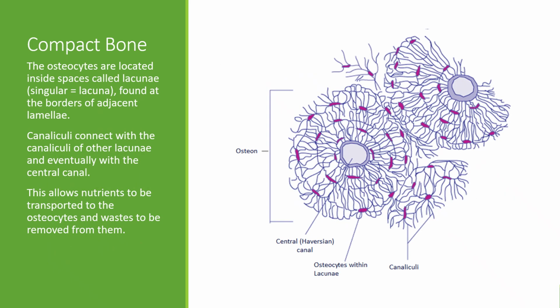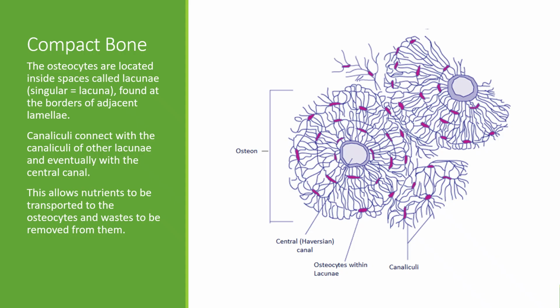So here's a close-up of our osteocytes and what they look like. We're looking at a cross-section of an osteon so that we can see what's happening with our cells. In the very middle, let me draw your attention to the central canal. Then you see all of those purple structures. Each of those is an osteocyte, a mature bone cell, sitting in its lacuna, its little jacuzzi area around it.